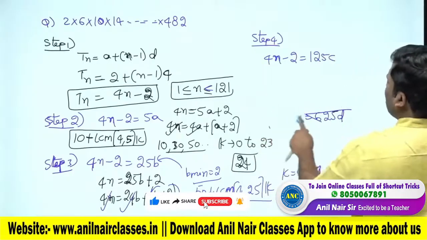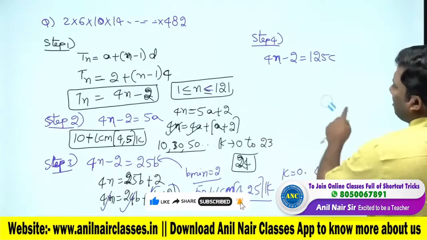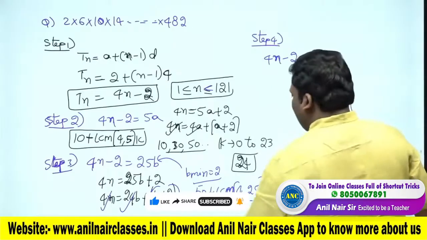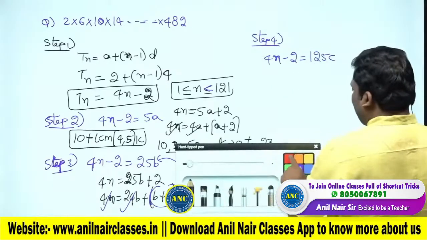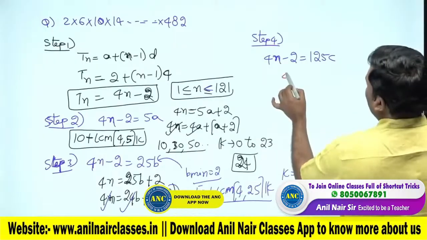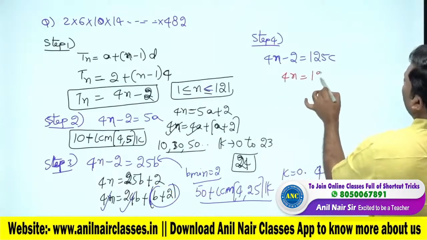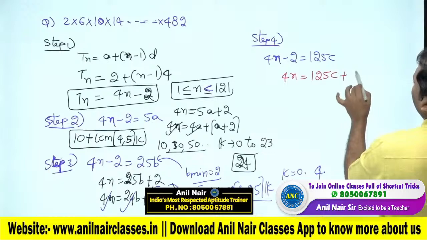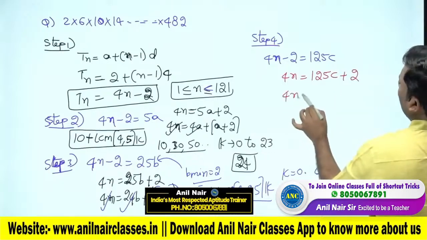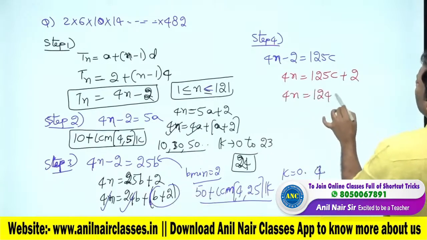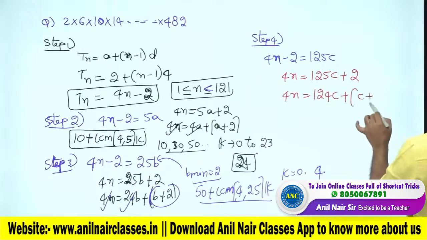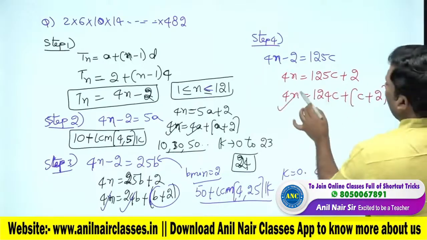I hope the idea is clear. Slowly we have to do. It is not a difficult question. Just finding the nth term and equating with multiples of 5. That's all. 4n equivalent to 125c plus 2, that is 124c plus c plus 2. 4n is a multiple of 4.